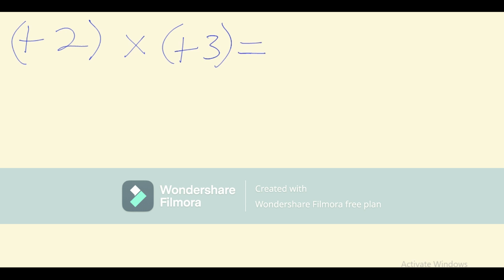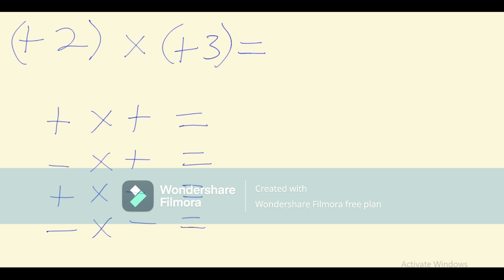But by the way, before we go, let's remind ourselves, earlier on in one of our previous episodes, we spoke about multiplication of signs. That is plus multiplied by plus gives, minus multiplied by plus gives, plus multiplied by minus gives, and minus multiplied by minus gives.